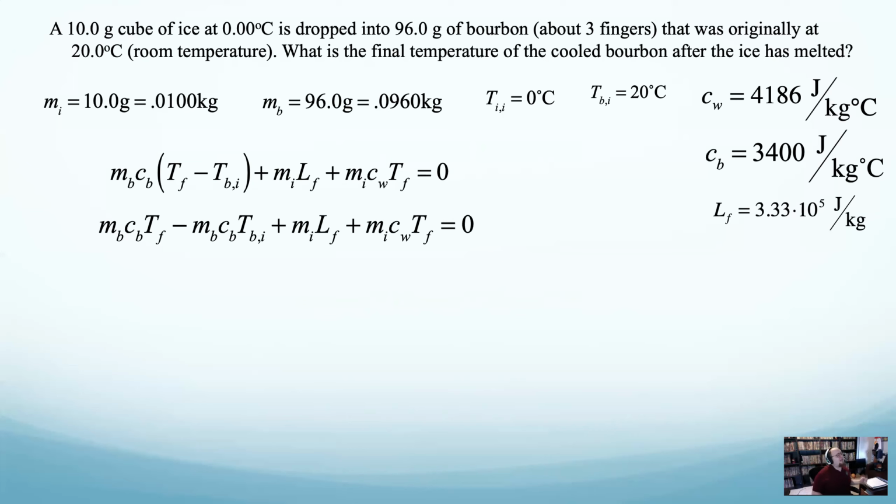And just like last time, I'm going to take everything with a T final in it and say, you're cool, stay here. Everything without a T final, get to the other side of the equation. I will add this to both sides of the equation. I will subtract this from both sides of the equation.